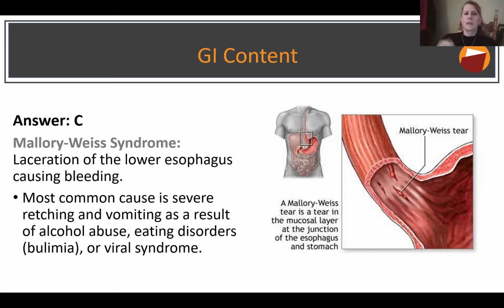So something that has been a constant chronic irritant has started to wear away that mucosal layer in the esophagus, and can be in the stomach as well. And that is what can cause that severe retching and vomiting related to those things. So those were key words in the question. Okay, so not sure that you'll see that one on the exam though.